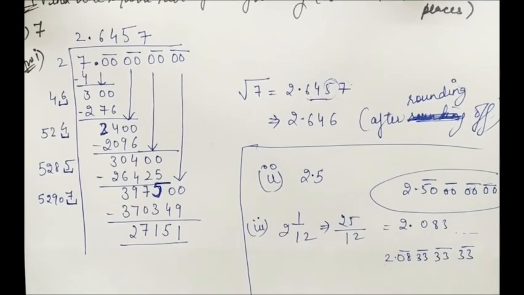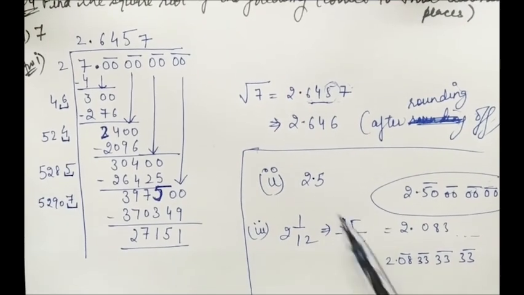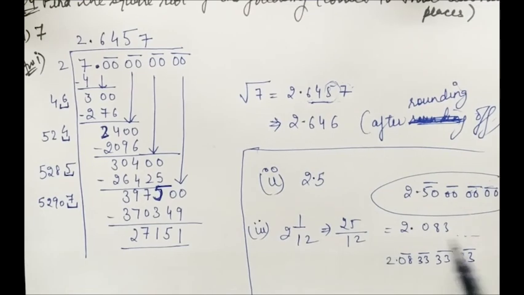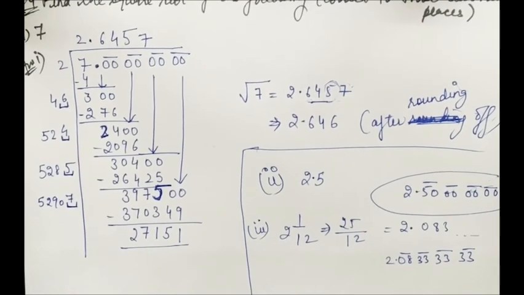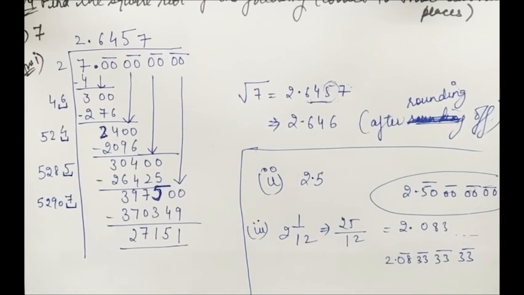Similarly, in the fourth part also, that part is also a mixed fraction, you just have to find this number and then its decimal, and then do long division of that number. I think you understand this question, so you can do all the parts on your own and then send me the answer in the comment section.